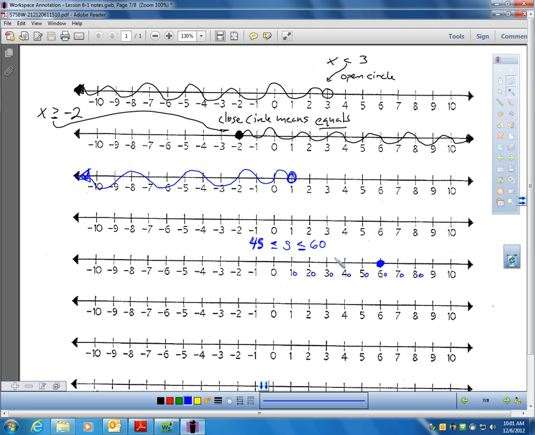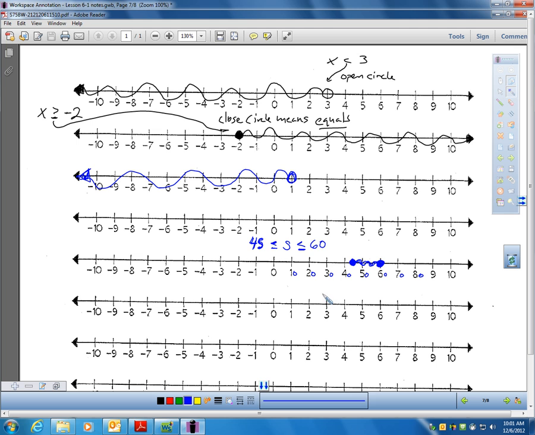My minimum speed is 45, so I'll put a closed circle at 45 so I can equal 45. And I can travel anything in between. So I'll just draw my little loops there. That would be a graph of that situation. So the main things we are doing today are graphing inequalities and solving them.